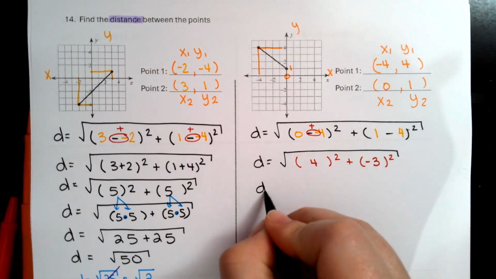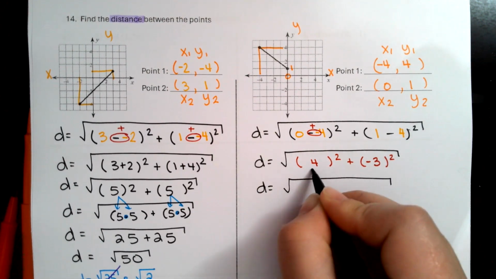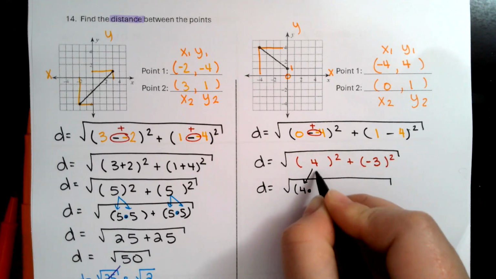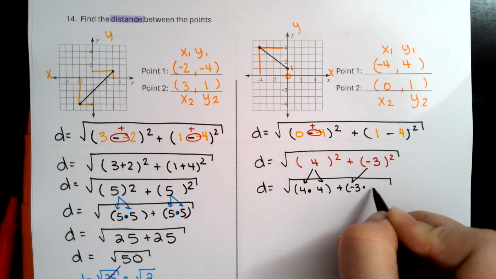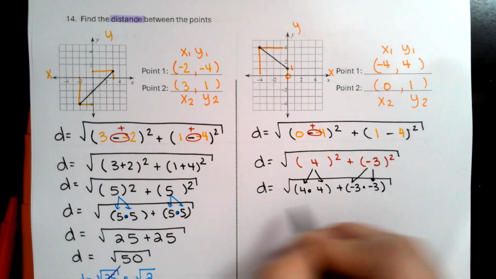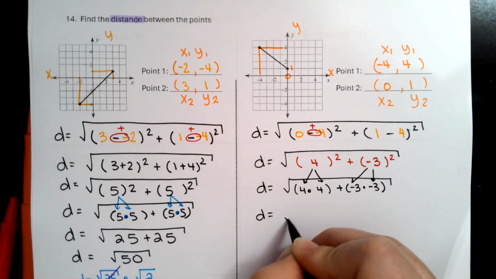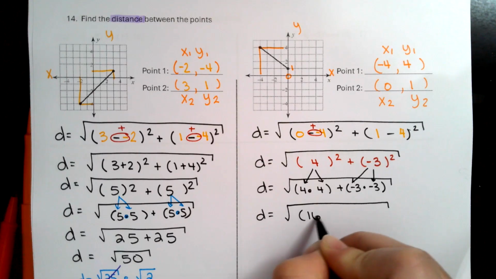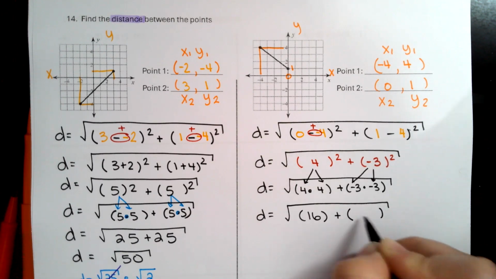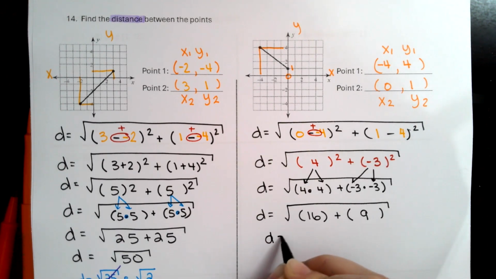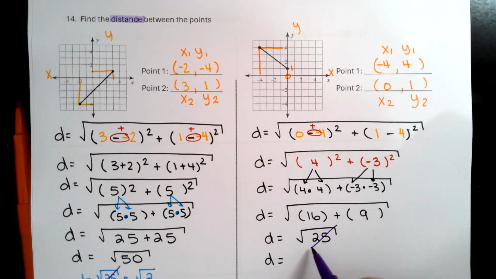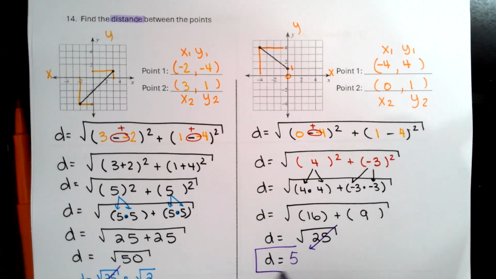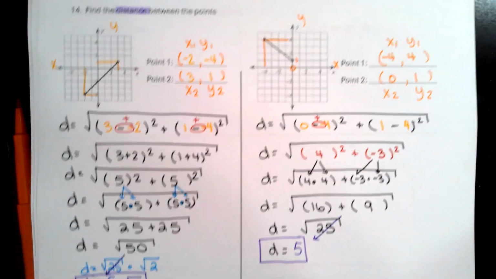Expand. So we get 4 times 4 and negative 3 times negative 3. 4 times 4 is 16. Negative 3 times negative 3 is still positive 9, which means we get the square root of 25, which is just 5. Happy to report that we did get the same answer.